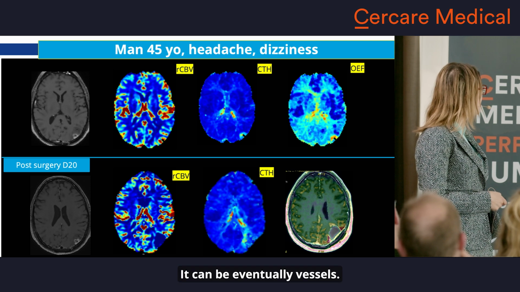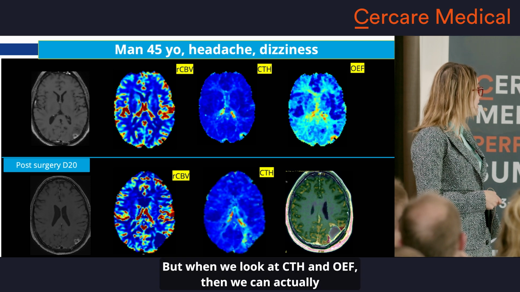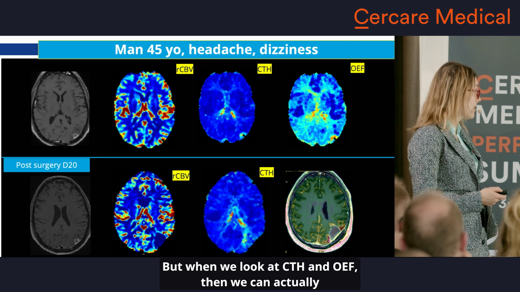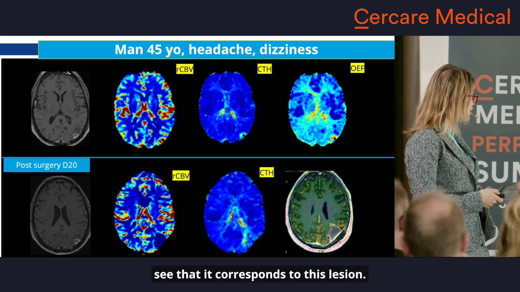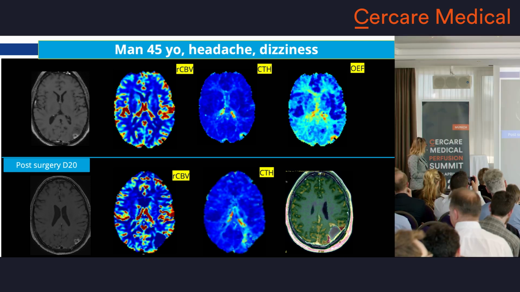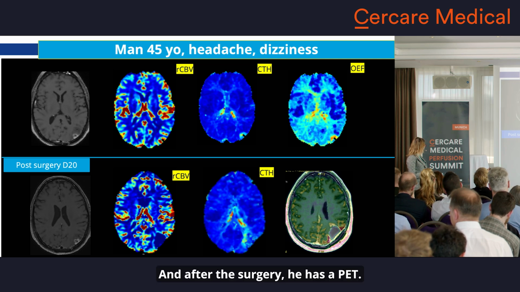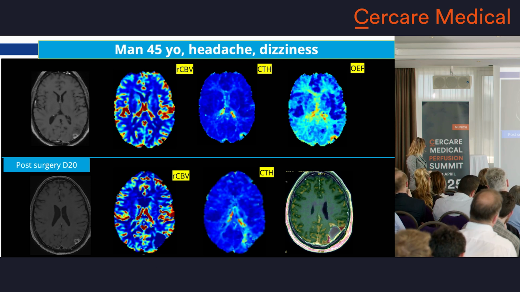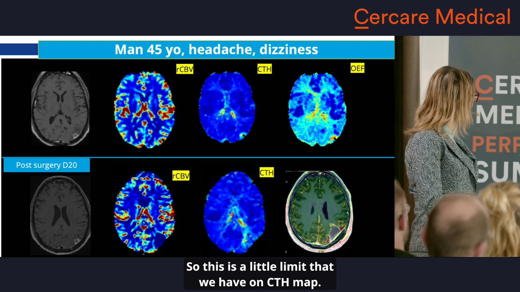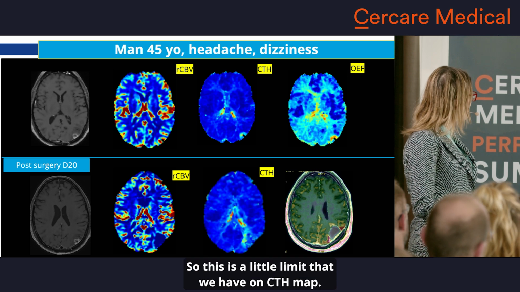It can eventually be vessels. But when we look at CTH and OEF, then we can actually see that it corresponds to this lesion. And the patient was operated, and after the surgery, he has a TAP, and this was quite early. So this is a little limit that we have on the CTH map.